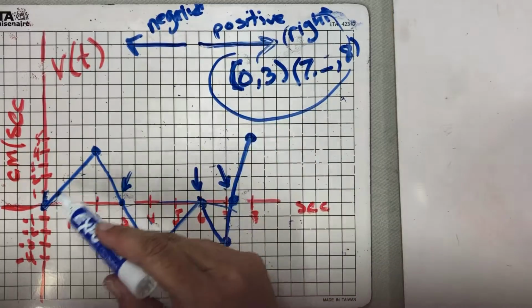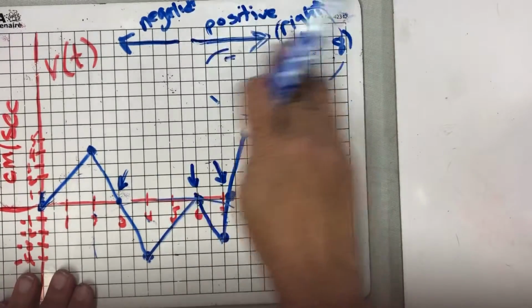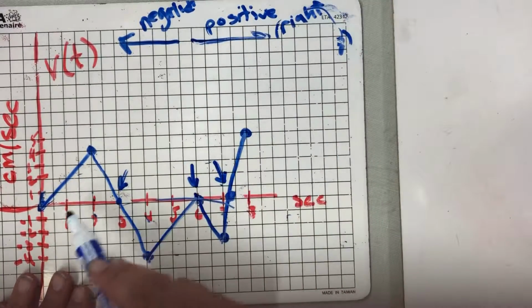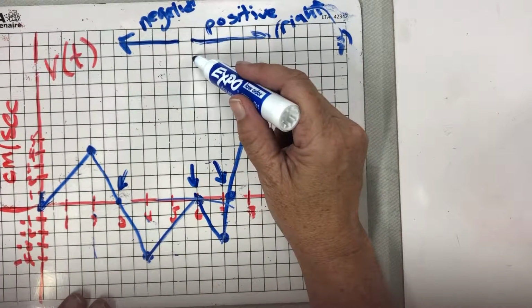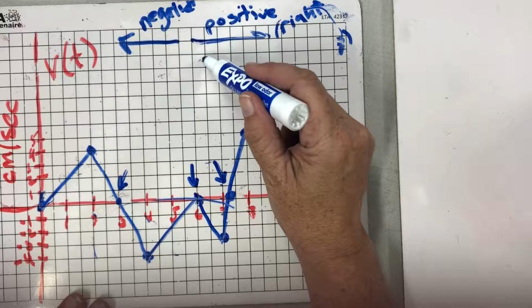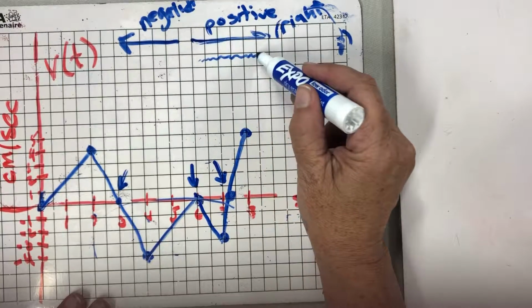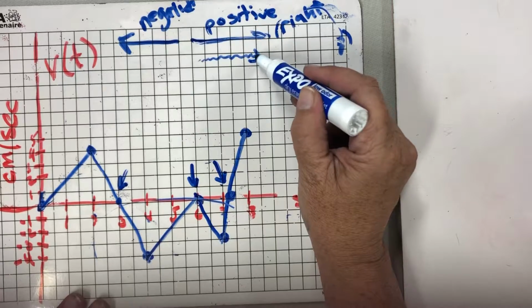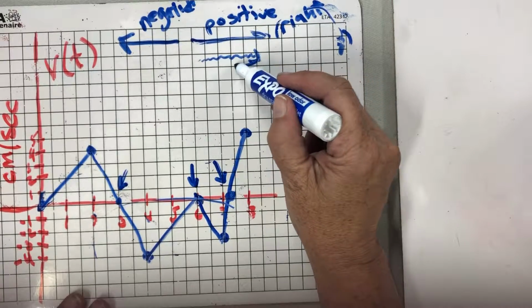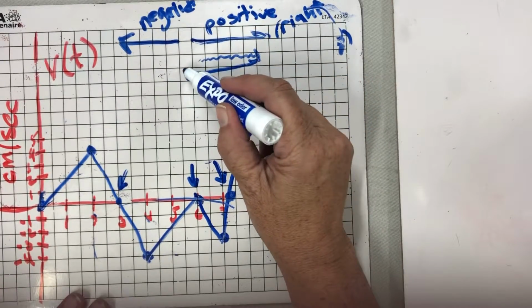So right here, this particle was moving in a positive direction from second 1 to second 3. Right? It's moving this way, moving this way, moving this way. And at second 3, it shows a velocity of 0, and then immediately after that, it shows a negative velocity.